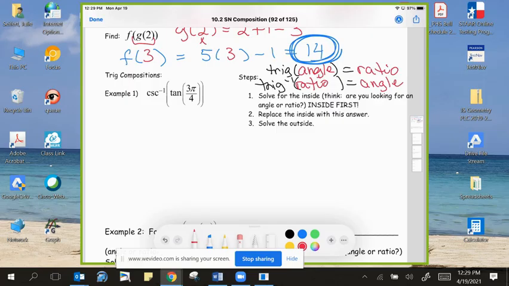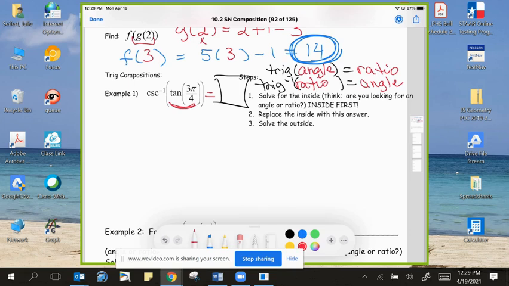So we'll work the inside first. We'll work the inside of these functions first. So in example 1, cosecant inverse of tangent of 3 pi over 4, we'll work that interior piece first.